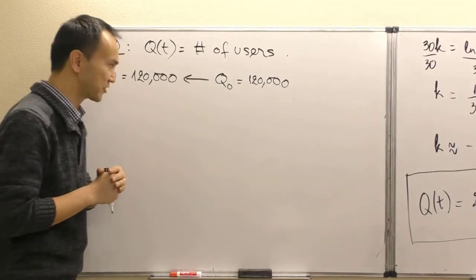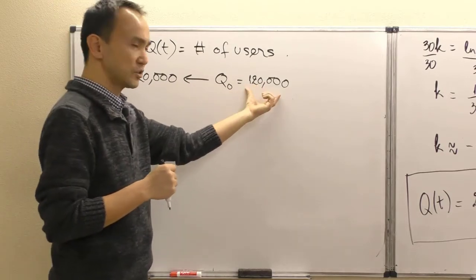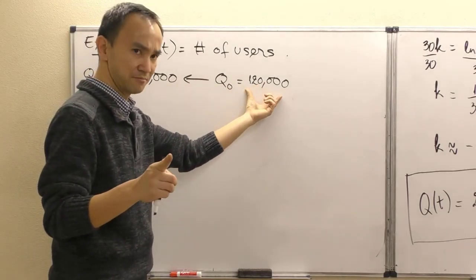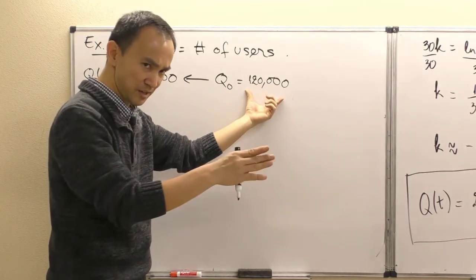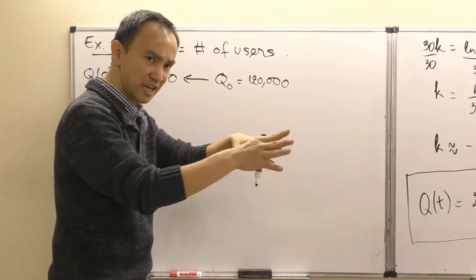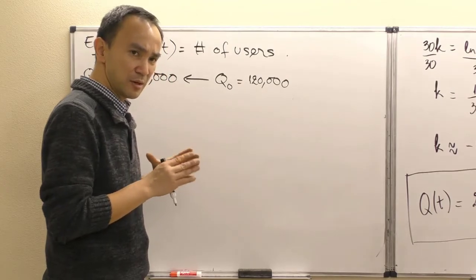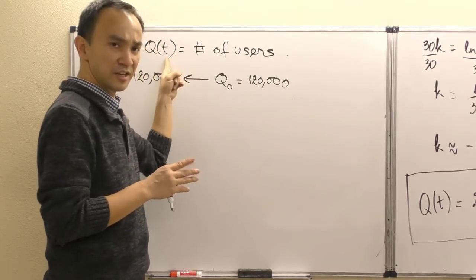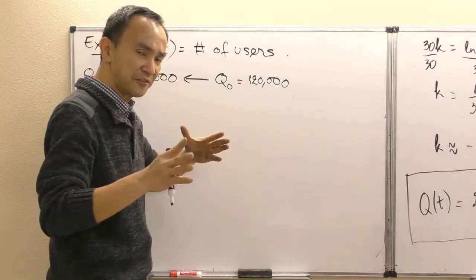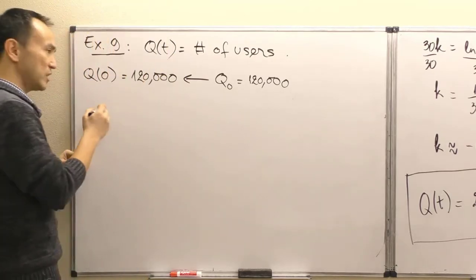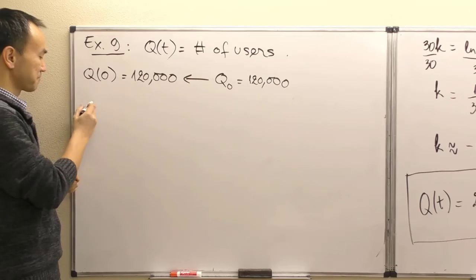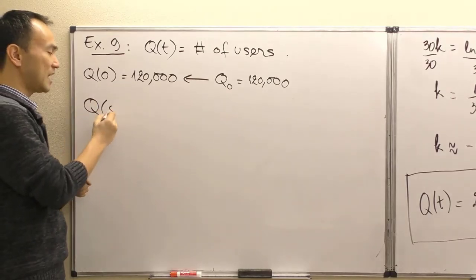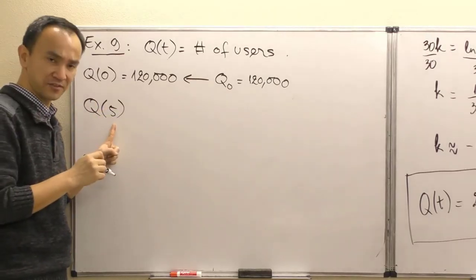We already consider that when time t equals 0, it's 120,000 users for that website. So according to the information given, the quantity Q doubles every 5 months. Extracting from that information, we come to the following understanding: Q of 5, because t is in months.